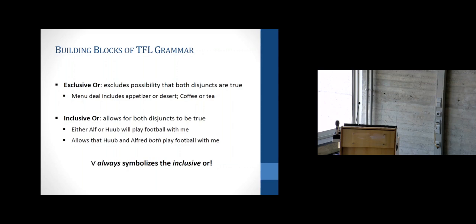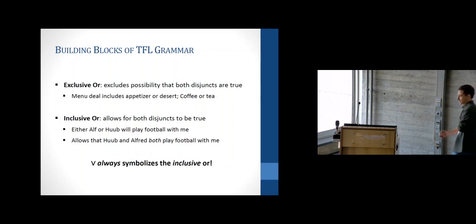Exclusive or says, by the way, you won't get both. Inclusive or, Ru or Alf will play with me, says it might be the case that both of them will play with me. And for us, disjunction is the inclusive or, the inclusive disjunction.